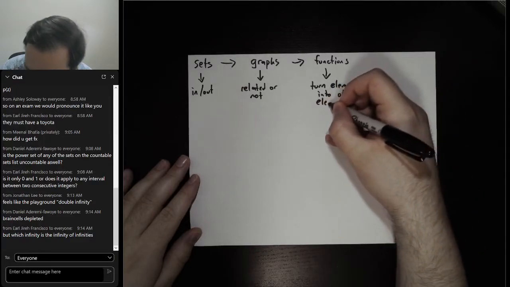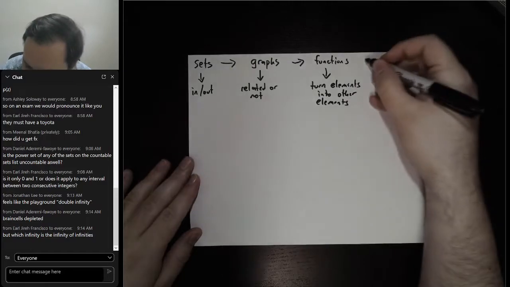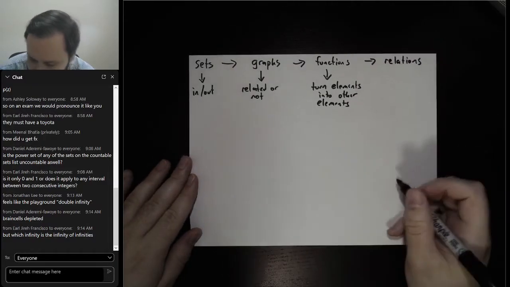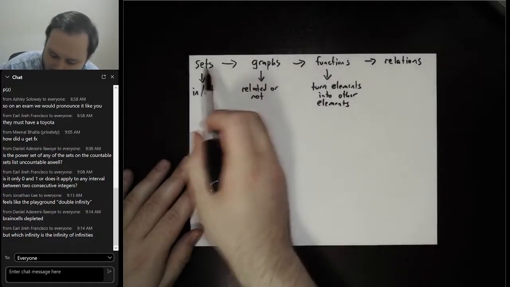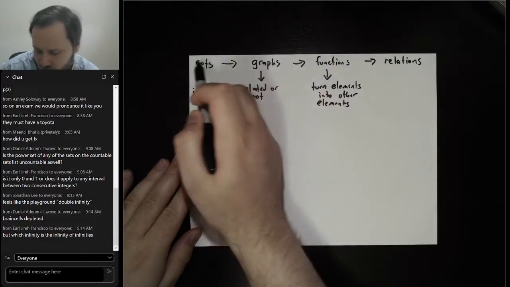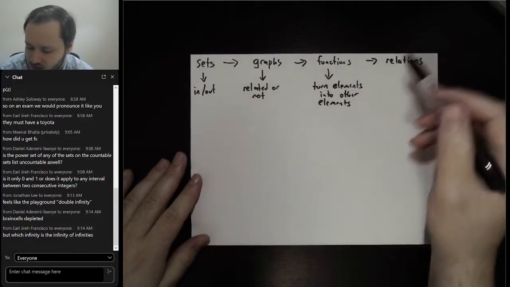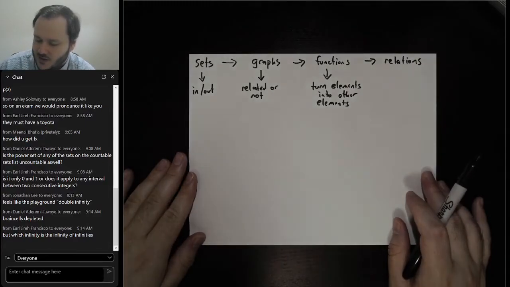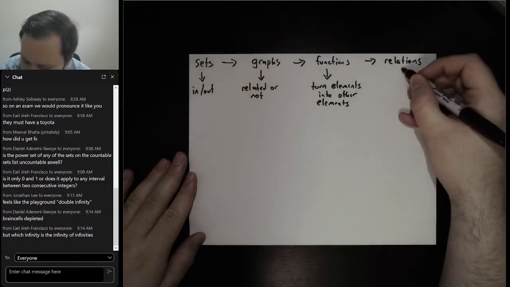And now our very last step in this progression is relations. So graphs are made up of sets. Functions are not really made up of graphs. They're really made up of sets. But functions are just a subset of this bigger concept, relations.